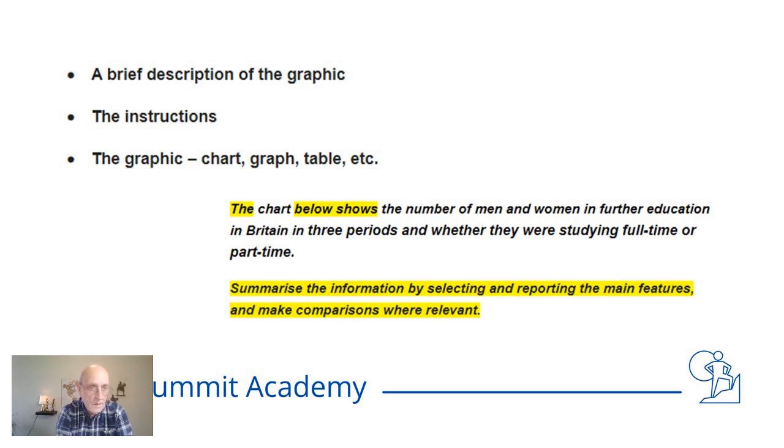The first thing you're given in the instructions is a brief description of the graphic, whether it's a diagram or a chart or a graph. And as you can see here, it just says the chart below shows the number of men and women in further education in Britain in 3 periods and whether they were studying full-time or part-time. And then it gives you the instructions.